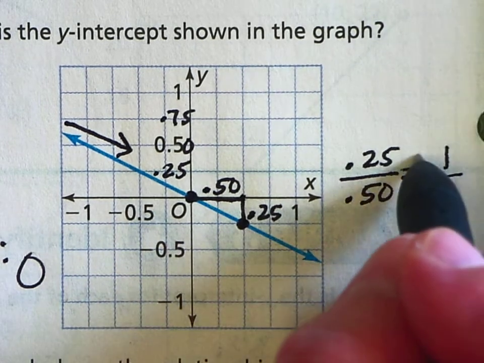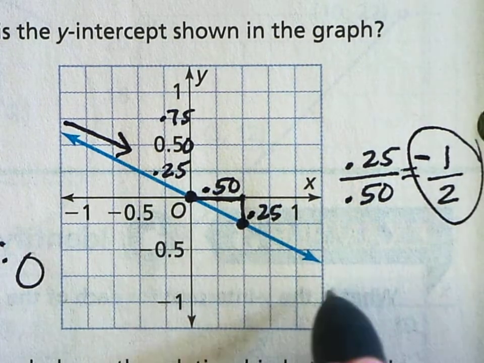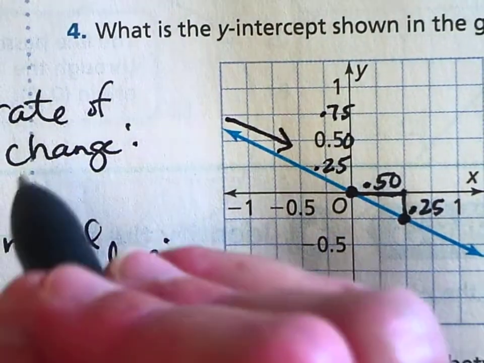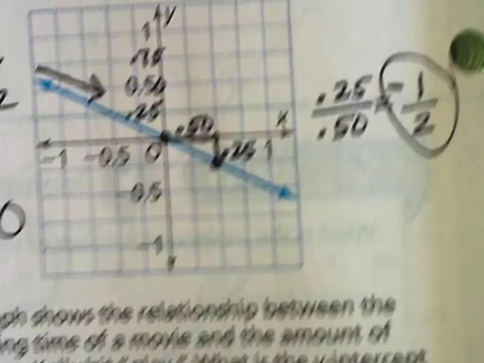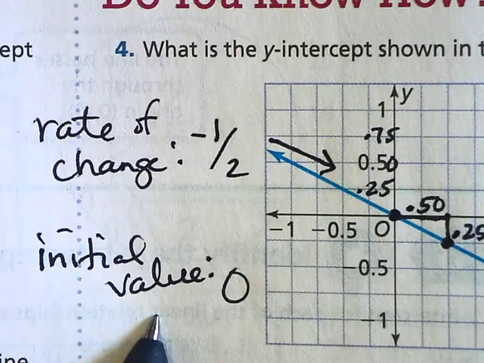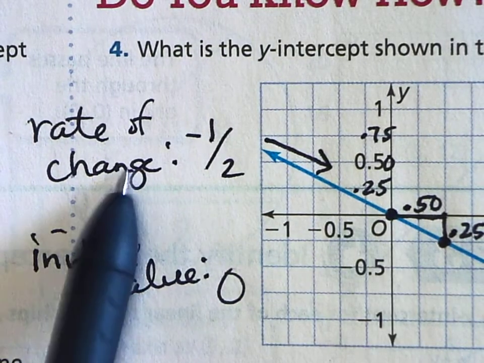And it is absolutely negative. This line is going down from left to right. So your slope is negative a half. Okay, so initial value is 0. Rate of change is negative a half.